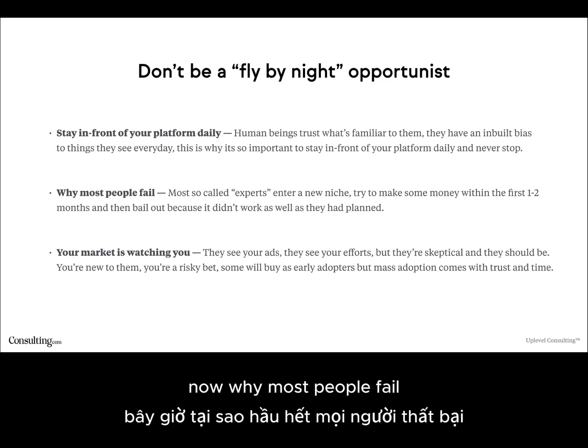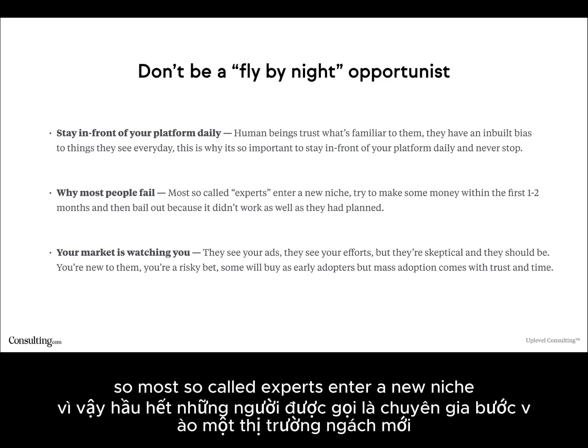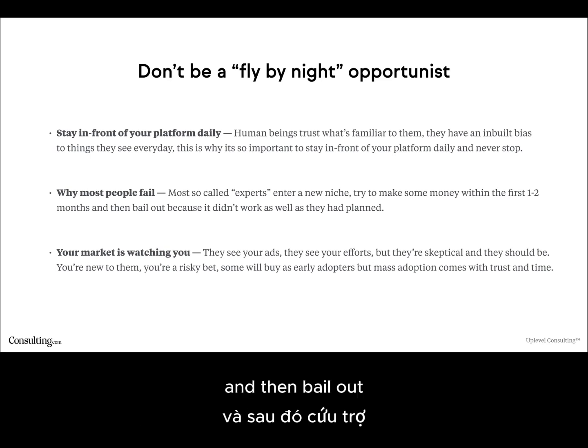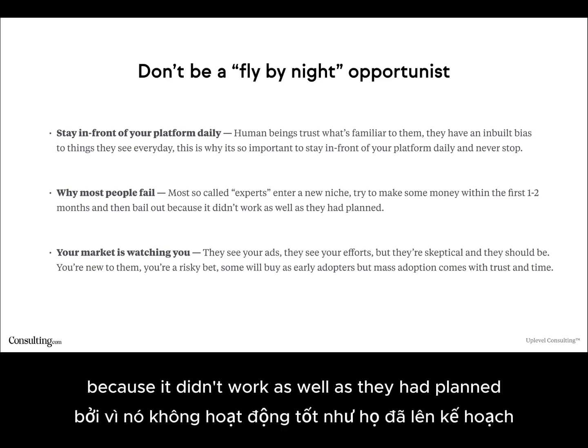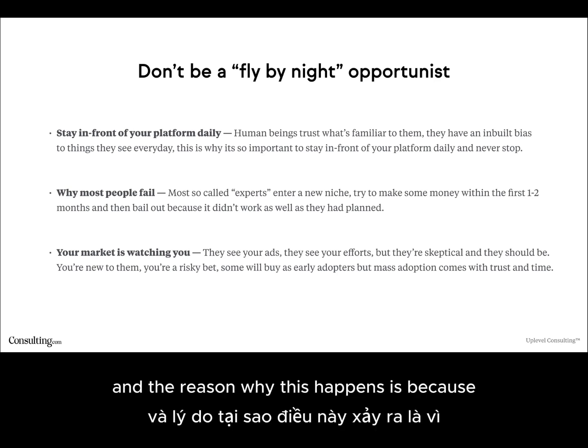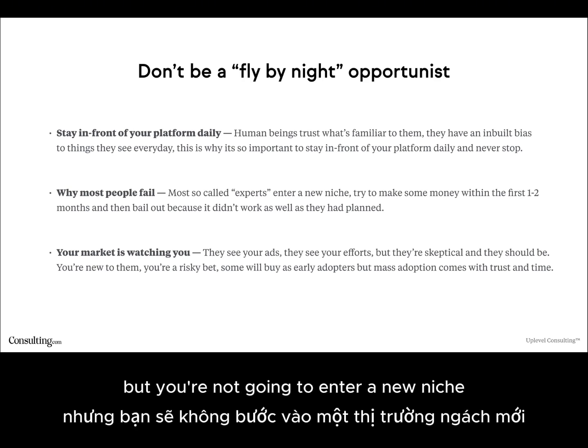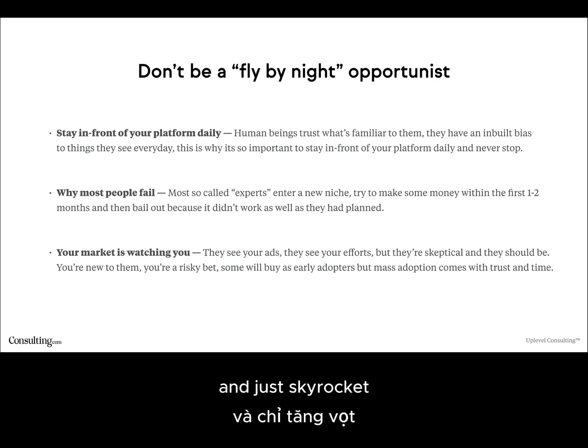Now, why do most people fail? Most so-called experts enter a new niche, try to make some money within the first 1 to 2 months, and then bail out because it didn't work as well as they had planned. The reason this happens is that it takes time for people to build up trust. You're not going to enter a new niche and just skyrocket. That doesn't happen.